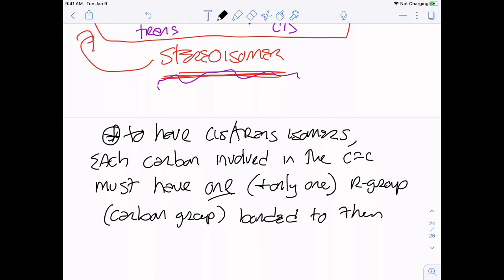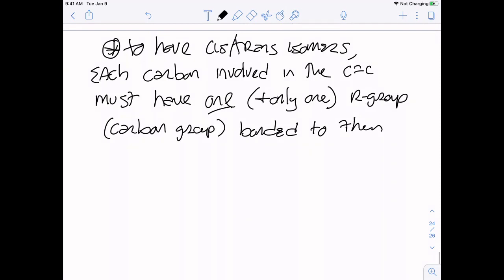Sorry. Let's fix it. Bonded to them. So it's just an example. If I was to do this, I'm going to make both of these hydrogen, and then this is a hydrogen. I'm not going to have stereoisomers on this one.